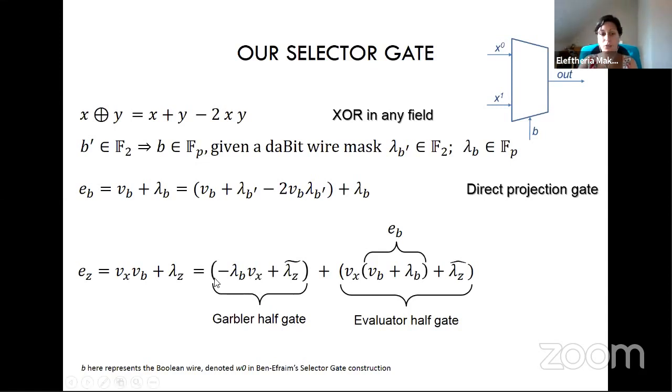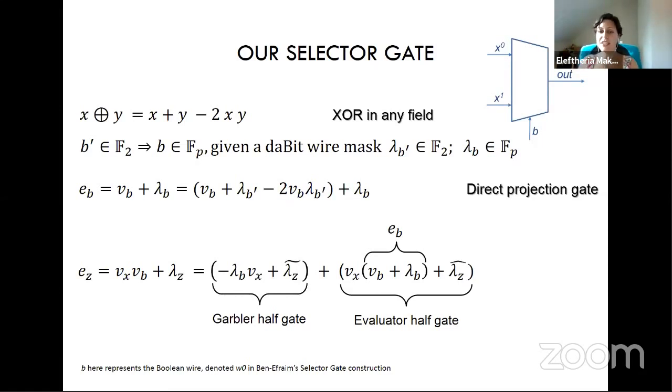And essentially afterwards, we simply do multiplication based on half gates. So again, I show you the same Garbler half gate and the same evaluator half gate. Here the evaluator knows the external value on the Boolean wire, and the Garbler can reconstruct from the shares the permutation element on the Garbler half gate, and therefore they can compute the selector gate result.